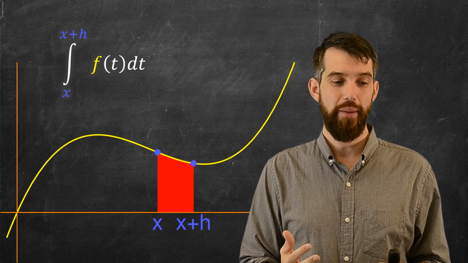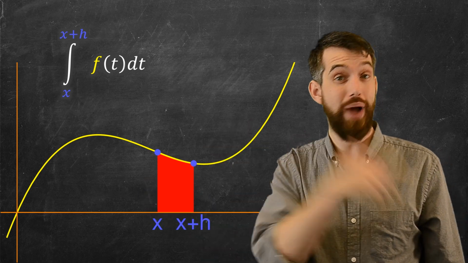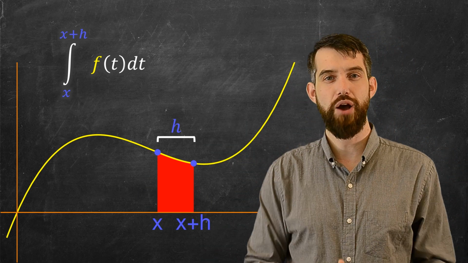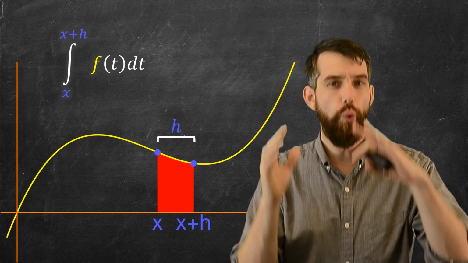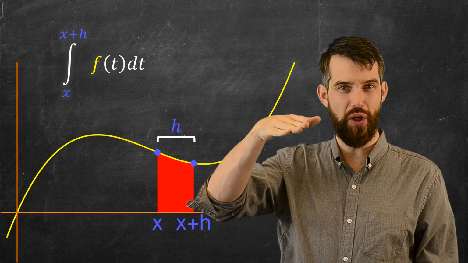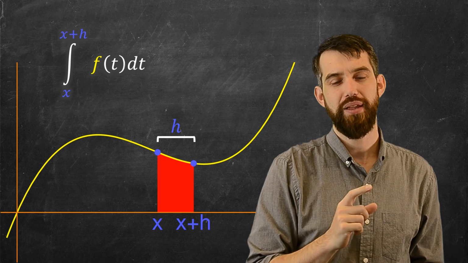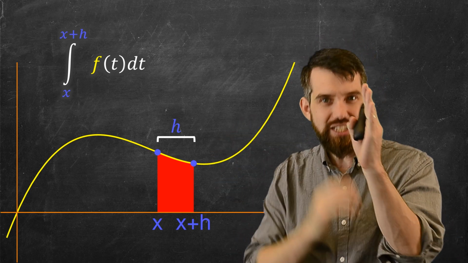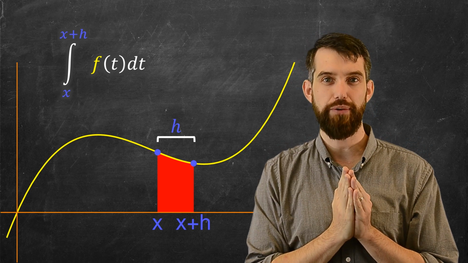Now, this integral is the area under the curve, so can I approximate what this little red area actually is? I think so. If you look at the width, going from x to x plus h, this width is just h. Now, this little red strip is not quite a rectangle. Maybe on the bottom it looks like a rectangle, but it's some weird curve along the top. However, imagine that my h was really, really small, so my x and my x plus h were right beside each other.